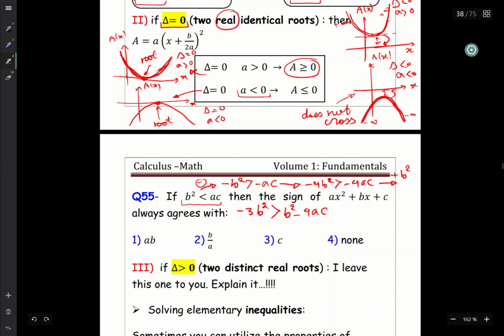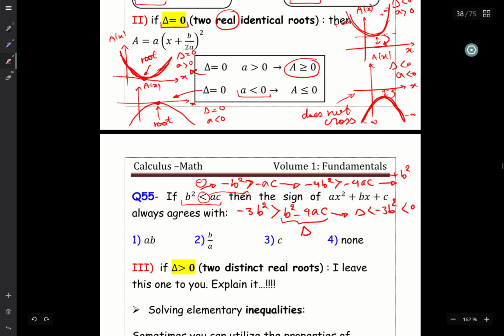Because when we multiply by a negative sign, the direction of the inequality changes. And b squared minus 4ac is our delta. So delta is less than minus 3b squared, and this is guaranteed to be a negative number, or 0 if b is 0. But let's assume that b is not 0.